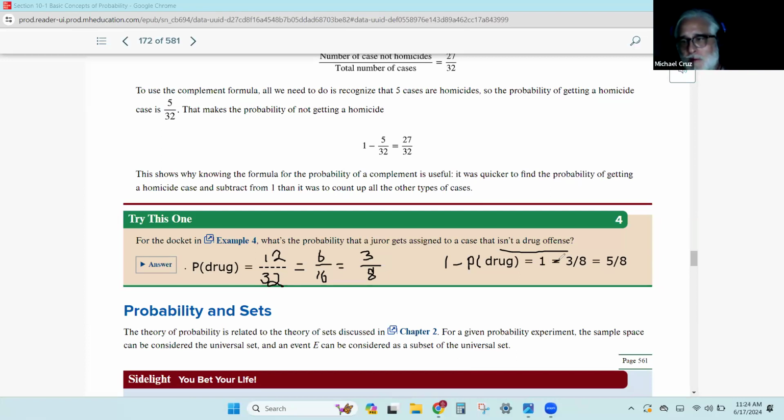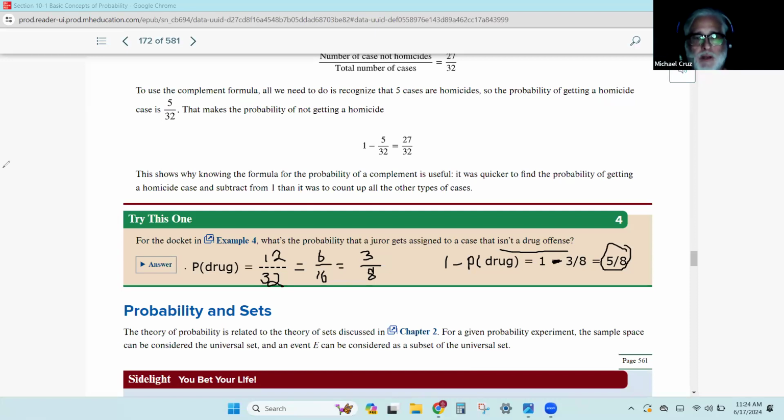This should be 1 minus 3/8. So 3 from 8 gives us 5. That's how you can easily find your complements. Whatever your denominator is, subtract the numerator from it, and what's left over is your complement. So the probability that it isn't a drug case is 5/8.